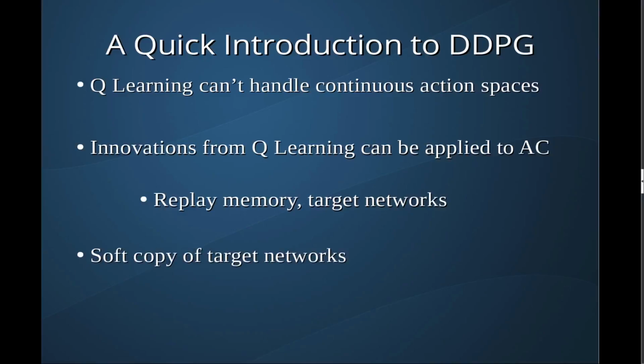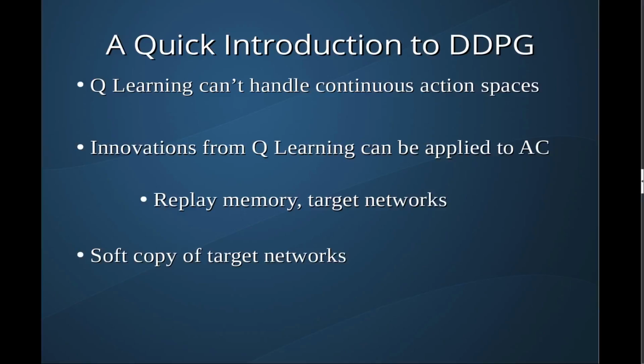The authors of the DDPG paper took inspiration from this, but instead of doing a direct hard update, they used something called a soft copy of the target networks. All this means is that we're going to be doing some multiplicative constant for our update, and we're going to be using a new hyperparameter called tau, and it's going to be a very small number of order 0.001.